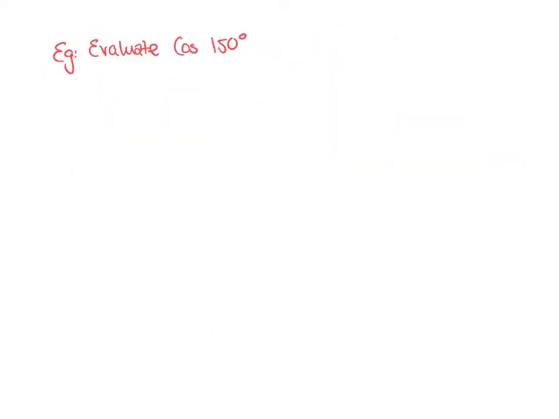Okay, so we've been asked to evaluate cos 150. So if I think of my unit circle, and I'll quickly draw that up. We've got 180 is over here. So 150 is going backwards 30 degrees.